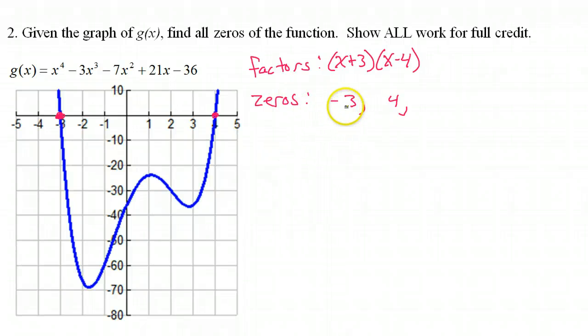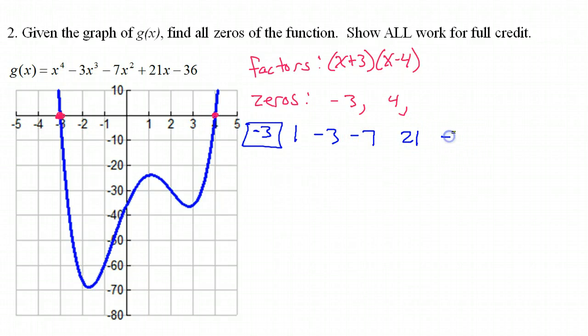We will do synthetic division with both of these zeros. So let's start with the negative 3. So let's see, I've got a 1, negative 3, negative 7, 21, negative 36.